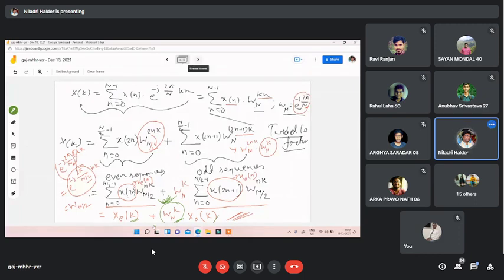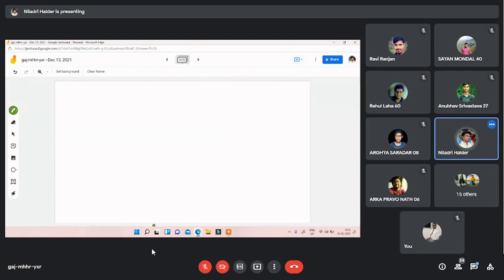So now, whenever you are splitting into two sequences, suppose for example, xn is given as x1, x2. Very simple, of size 2. So xn will be xen, that will be x2, and xon, that will be x1.